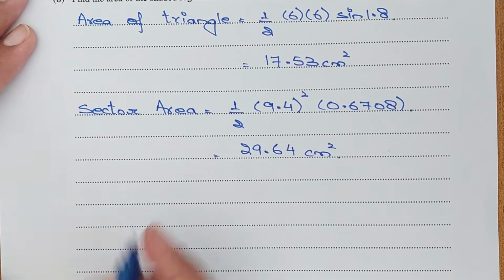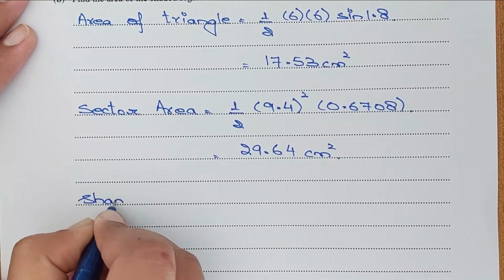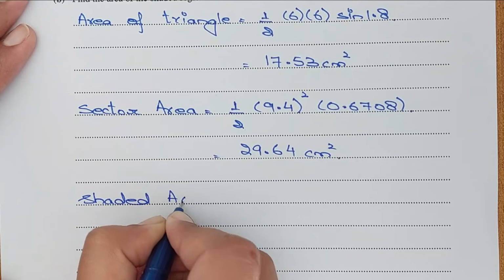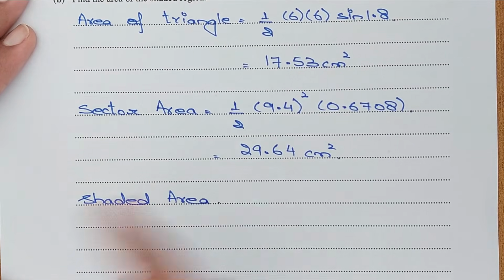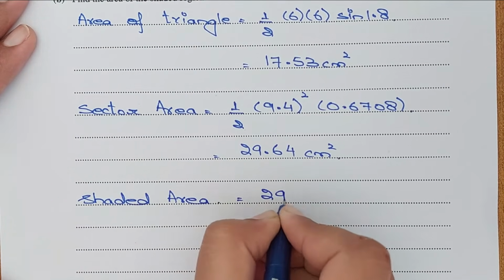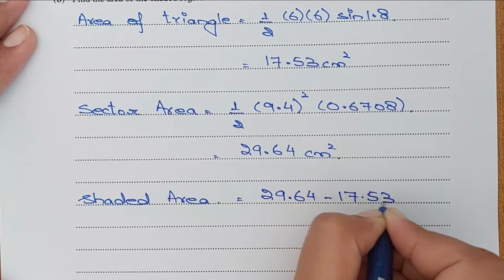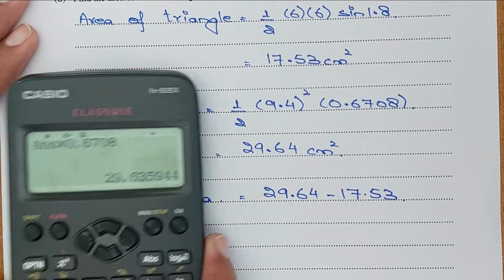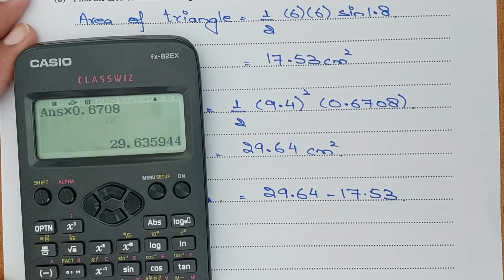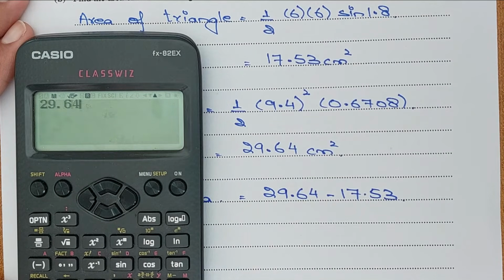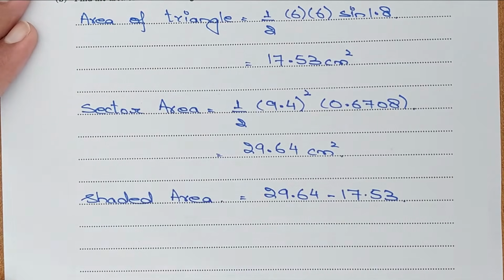Now to find the shaded area, from the sector we have to subtract the triangle, because the triangle is not shaded. So 29.64 minus 17.53 is 12.1 centimeter square.